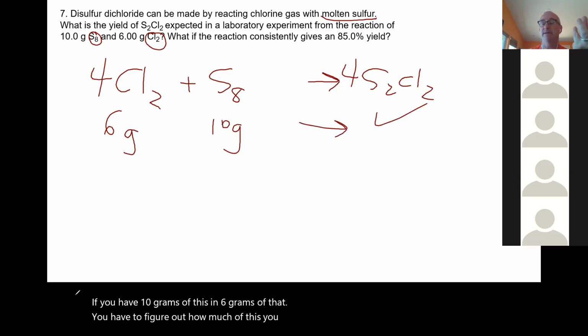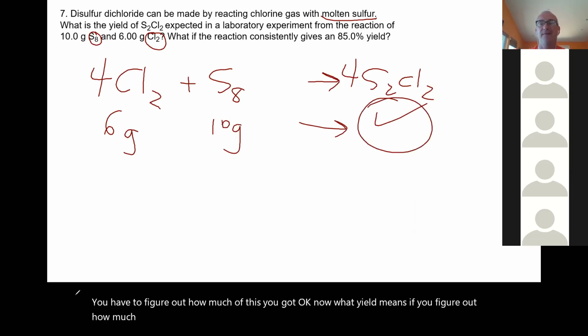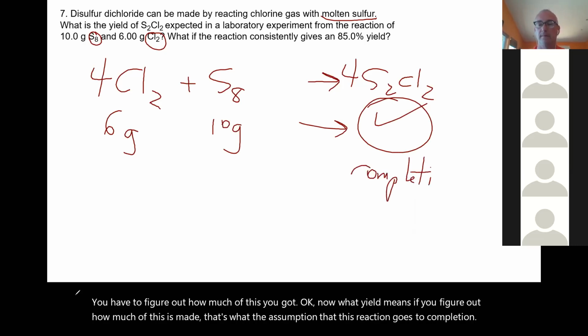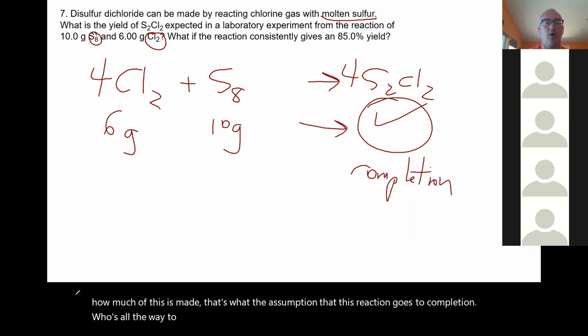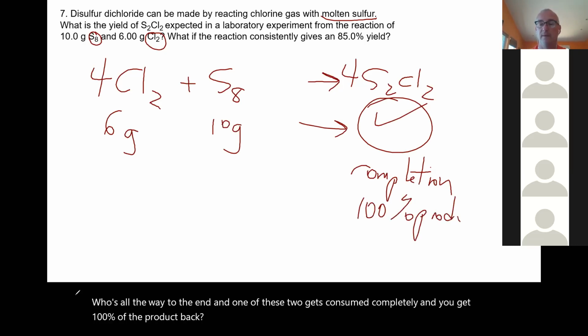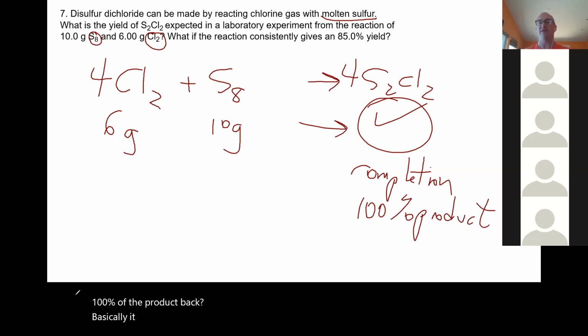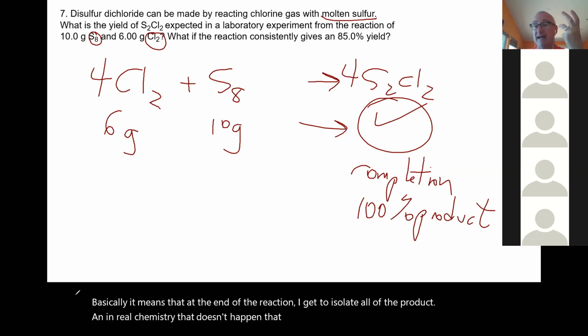Now, what yield means, if you figure out how much of this is made, that's with the assumption that this reaction goes to completion, goes all the way to the end, and one of these two gets consumed completely, and you get 100% of the product back. Basically, it means that at the end of the reaction, I get to isolate all of the product. And in real chemistry, that never happens. You never get to isolate all of the product.